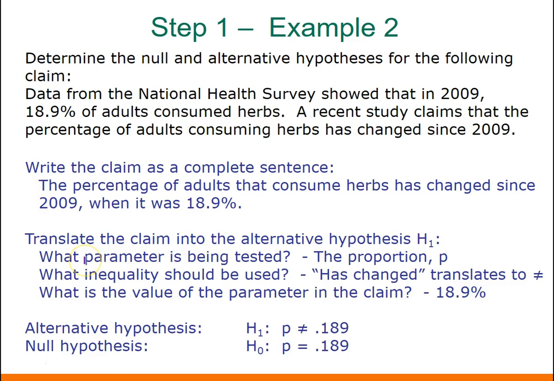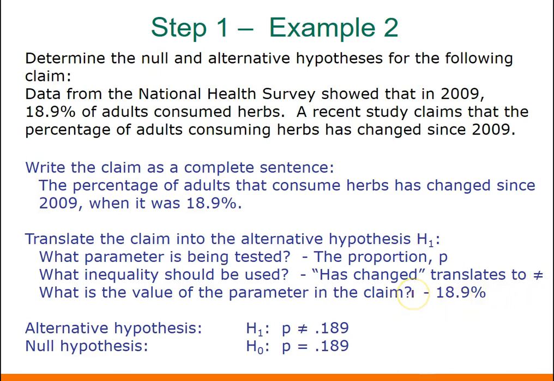So then to translate this, what parameter are we testing? Since we're talking about a percentage, that's really the same as a proportion. So the parameter we're testing is the proportion, and that's going to be a p in our symbols. What inequality should we use? If we say it has changed, that doesn't say anything about more than or less than, so that's going to translate to a not equal to.